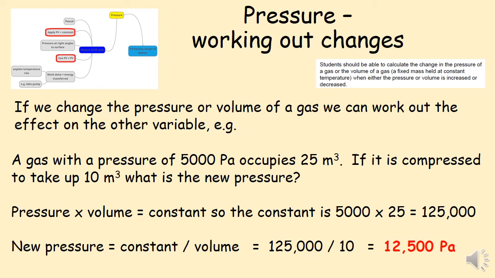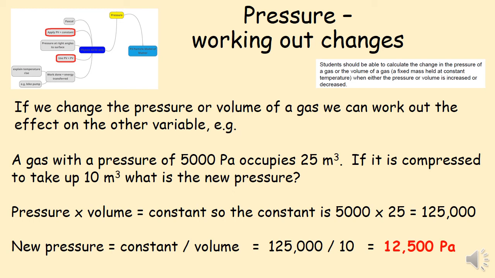Okay, now we know that pressure times the volume is a constant. So we'll start by finding out what's the constant. So we do the pressure times the volume, 5,000 times 25 to give us 125,000. So 125,000 is our constant. Now the new pressure, rearranging the equation, will equal the constant, which we've worked out, divided by the volume, which we're told in the question.